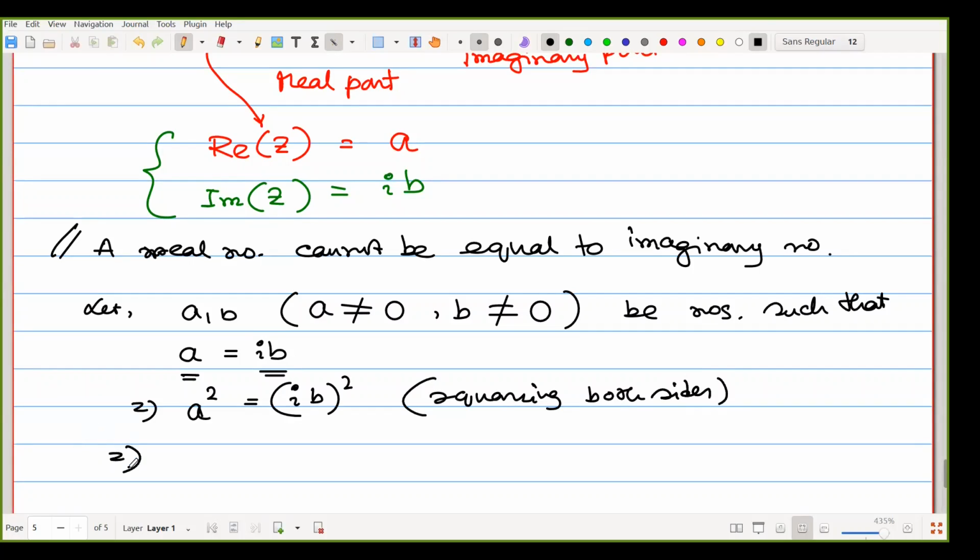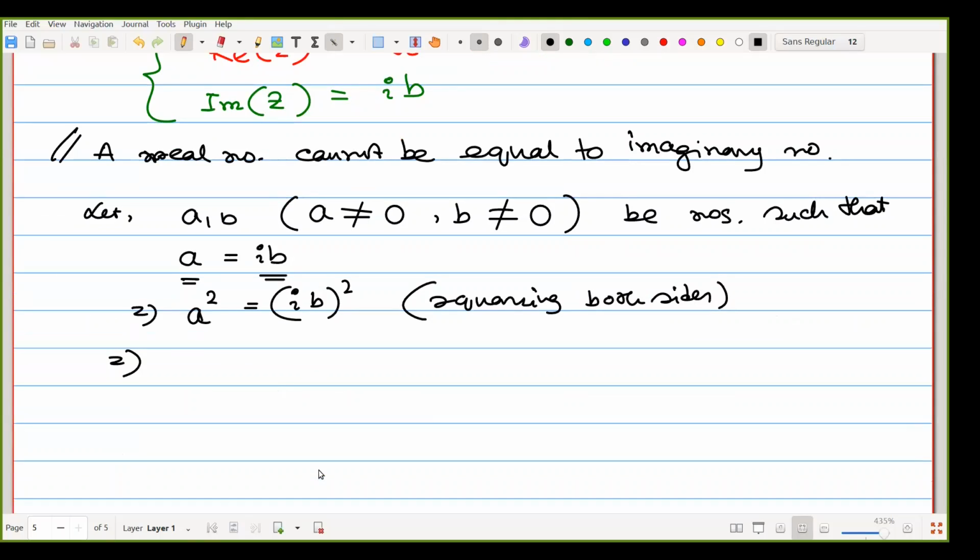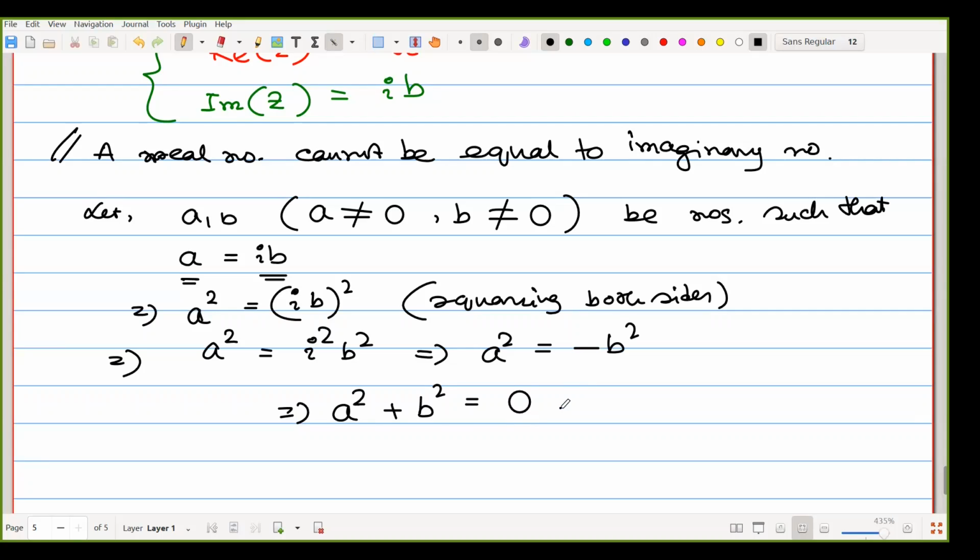So that one is now becoming A square is equal to I square B square, or A square is equal to minus B square, or we can write A square plus B square is equal to 0. And that implies always when we have A square plus B square is equal to 0 for any real numbers, that means A is equal to 0, B is equal to 0.